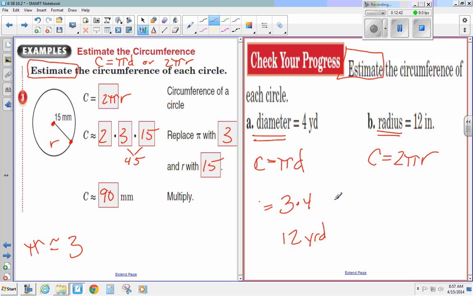So the circumference of a circle with diameter 4 is 12. The circumference of a circle with radius 12 is 2 times 3 times 12. That's 6 times 12. 72 inches is the circumference.